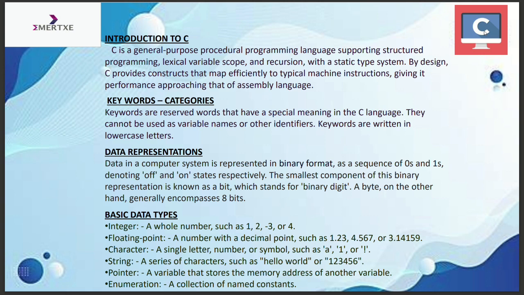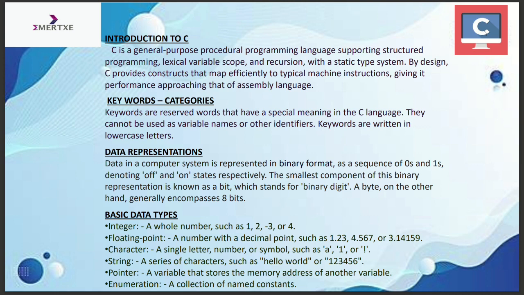Floating point is a number with a decimal point, such as 1.23, 4.23, 1.0, 1.5. Characters: a single letter, number or symbol such as a, 1 or @, like different characters. String: a series of characters such as hello world or numbers like 1, 2, 3, 4, 5, 6.